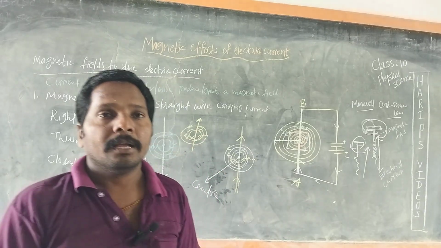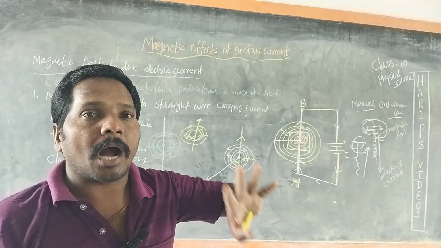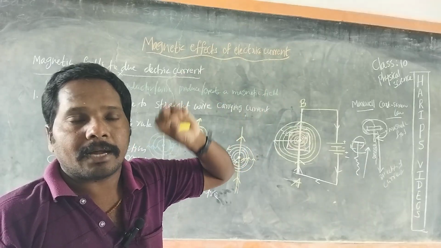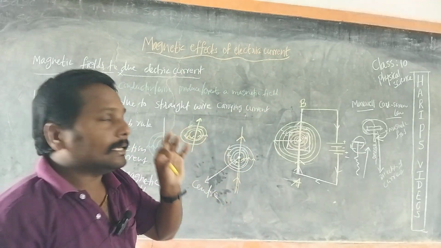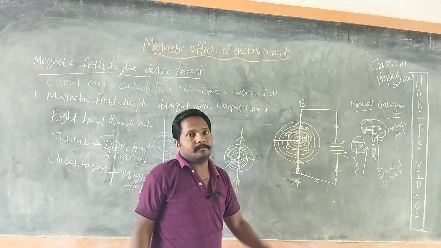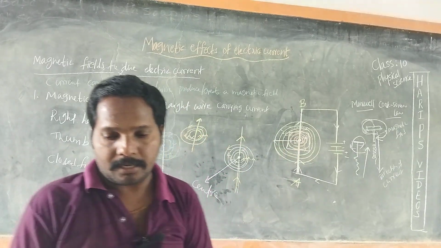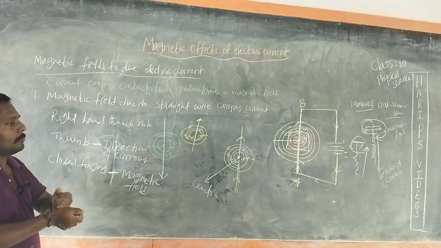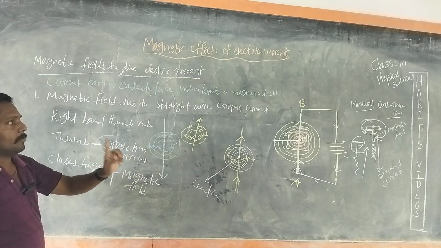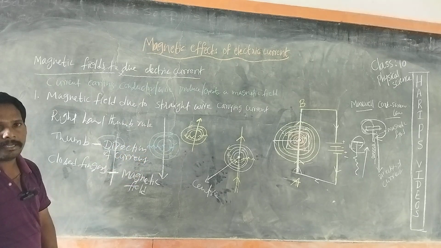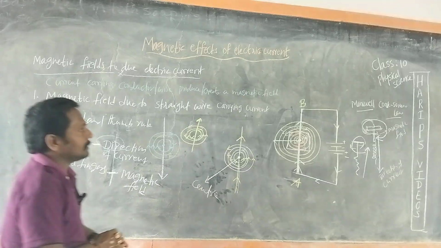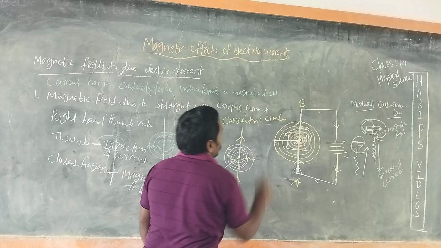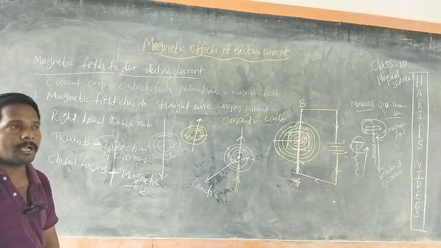So the magnetic field depends on the magnitude of current passing through the wire and the distance between the center and the circle. So finally, the magnetic field is formed around the straight current carrying conductor as concentric circles.